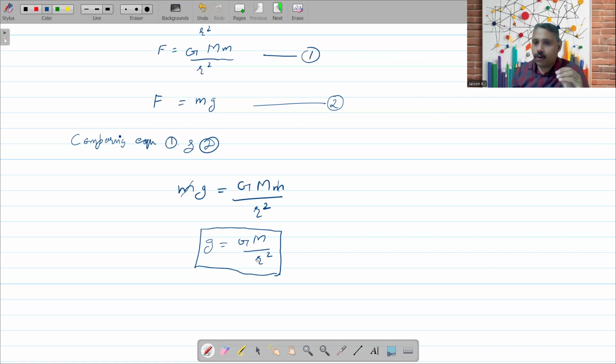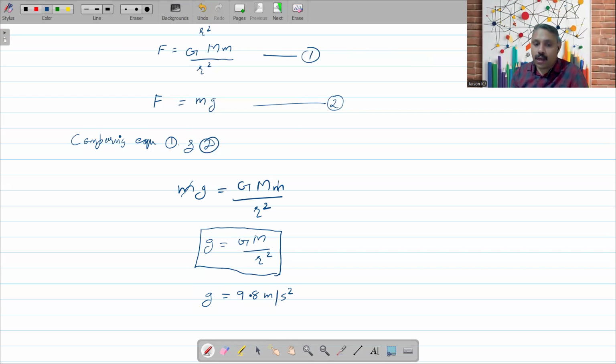If the object is placed on the surface of the Earth, then r becomes the radius of the Earth. So g is equal to G M divided by R square. Applying all these values, you get the g value as 9.8 meter per second square.